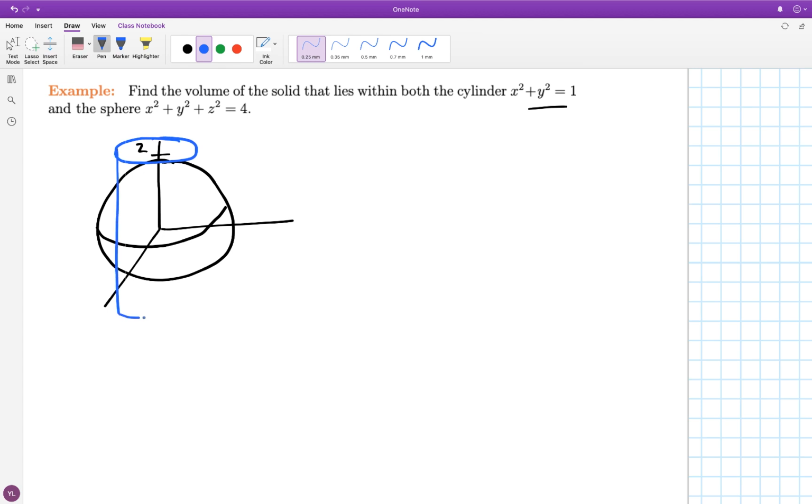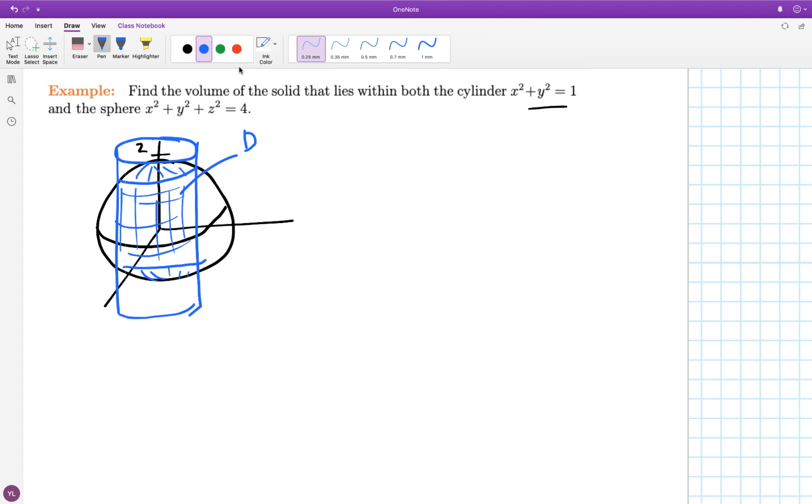So the cylinder is going to cut the sphere, and I want to find the volume of the solid that lies inside both of these things. So that volume is going to be sort of capped on top and bottom by the sphere, and then on the sides by the cylinder. So it's this little cylindrical cap, or like a pill-shaped region that I'm trying to describe.